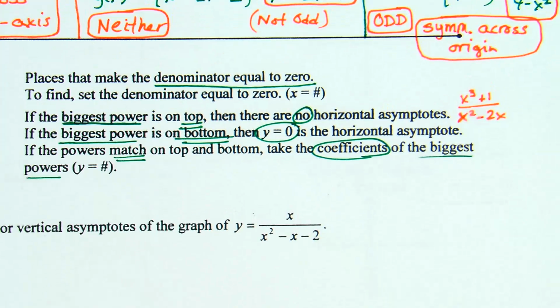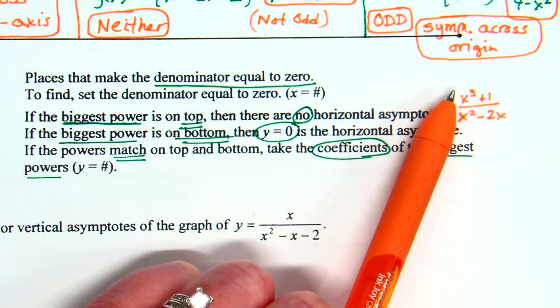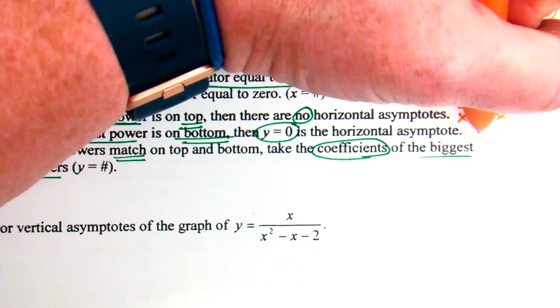An example for biggest power on bottom: if I flipped this and instead said x squared minus 2x over x cubed plus 1, that's an example where the biggest power is on bottom. So y equals 0 is always the asymptote.